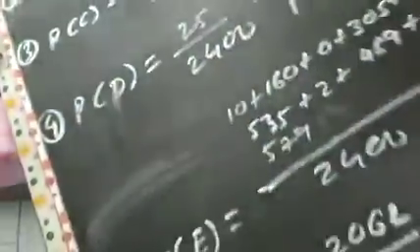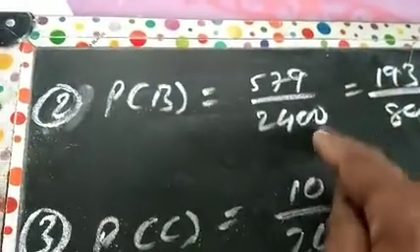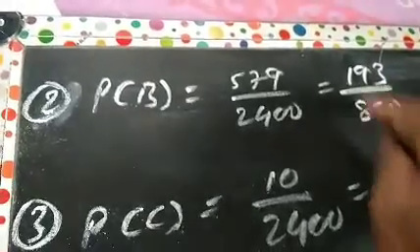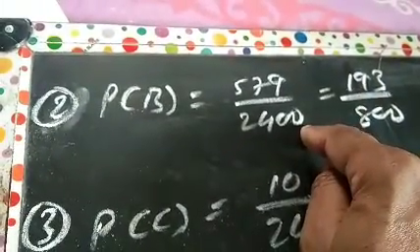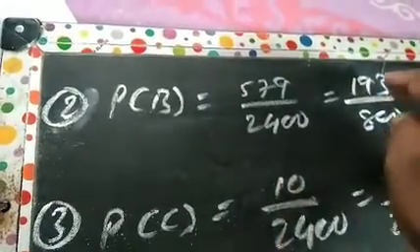So P(B) is equal to 579 upon 2400, which is 193 upon 800. We divide both by 3, then we get this answer.